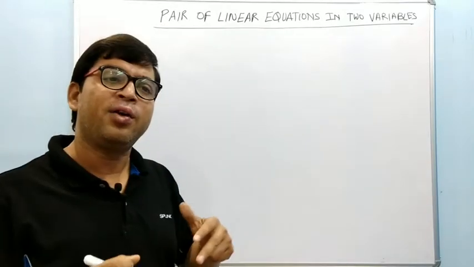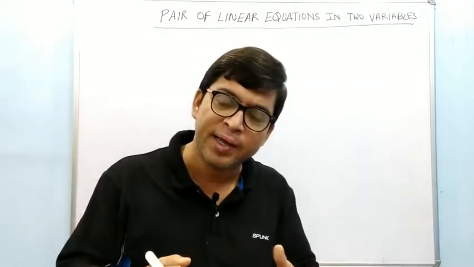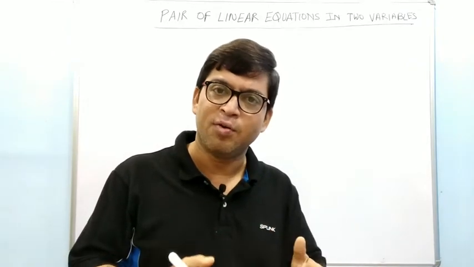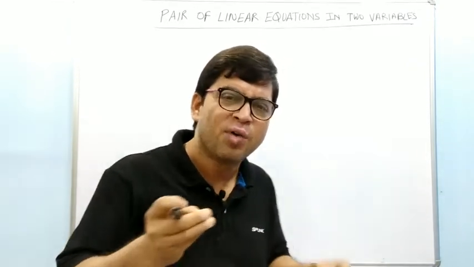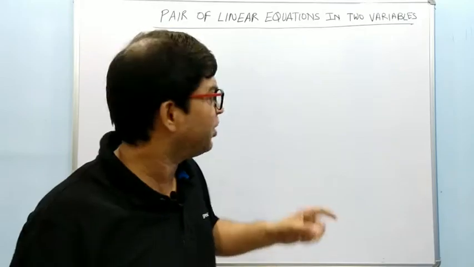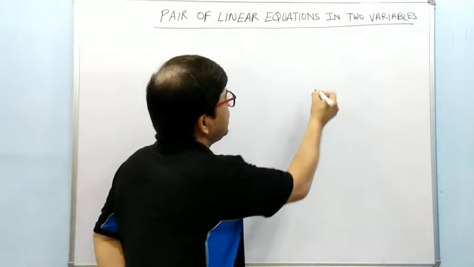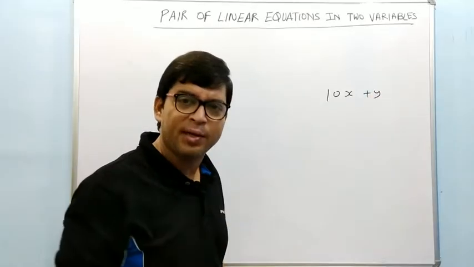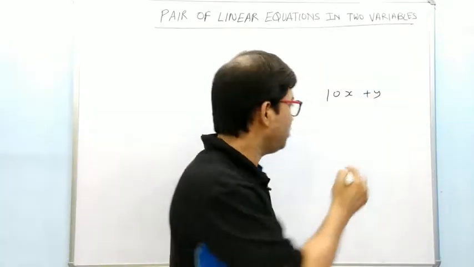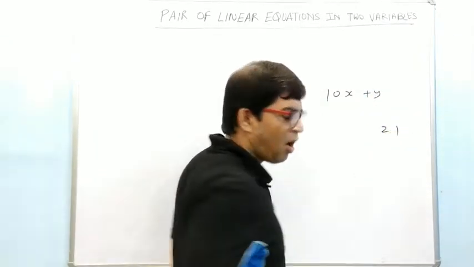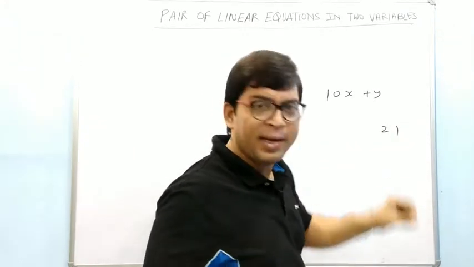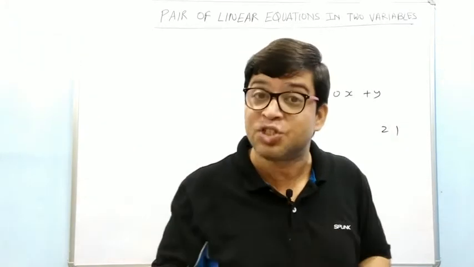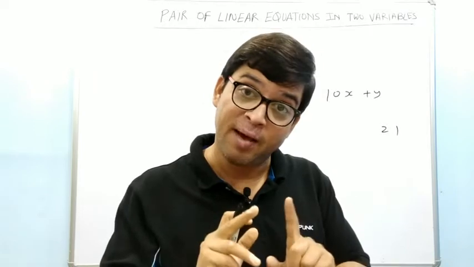If it is given that a 2-digit number is such that the sum of digits is 9, how do we make the translation? Always take the 2-digit number in the form of 10x plus y. How is it coming? Suppose the 2-digit number is 21. 2 and 1 are digits, but 21 is a number.